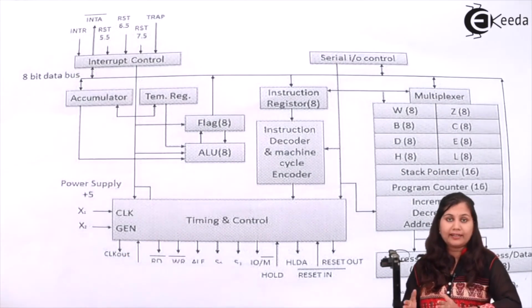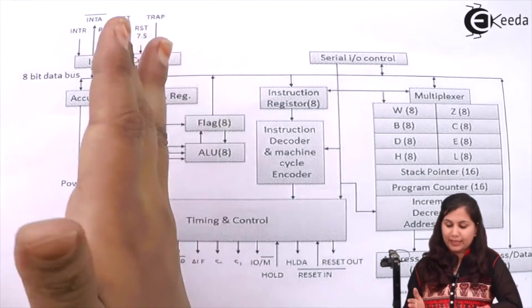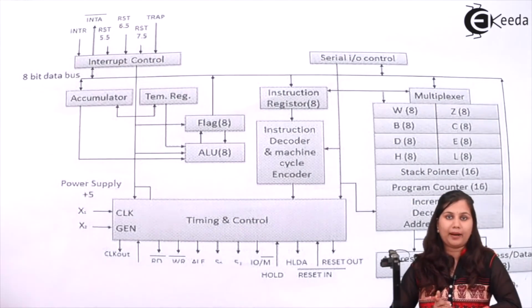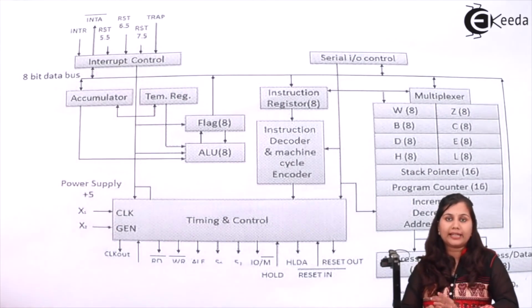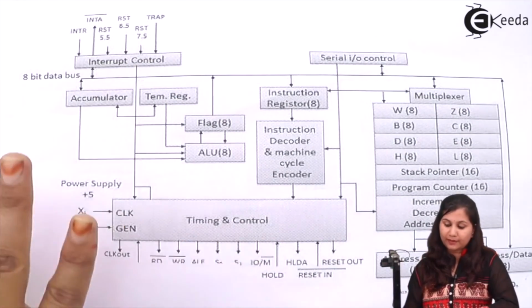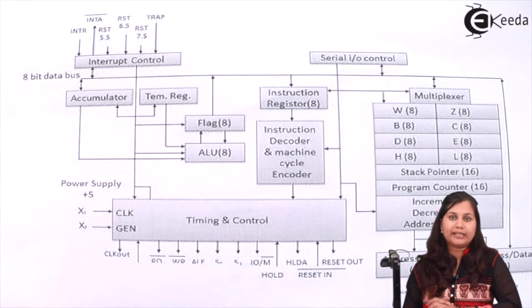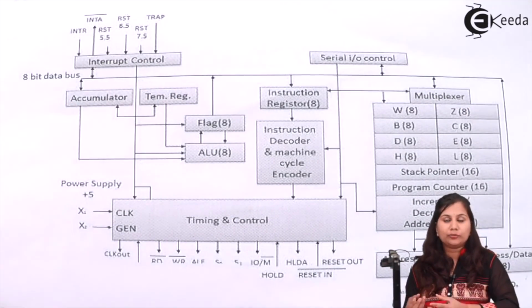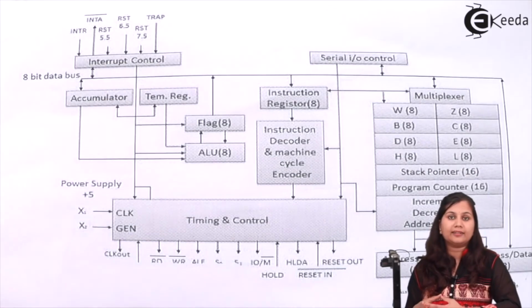If you divide this architecture, there are two parts, the hardware and the programming part. The hardware model of the 8085 shows the physical structure of the 8085, what registers and decoders and encoders are used.